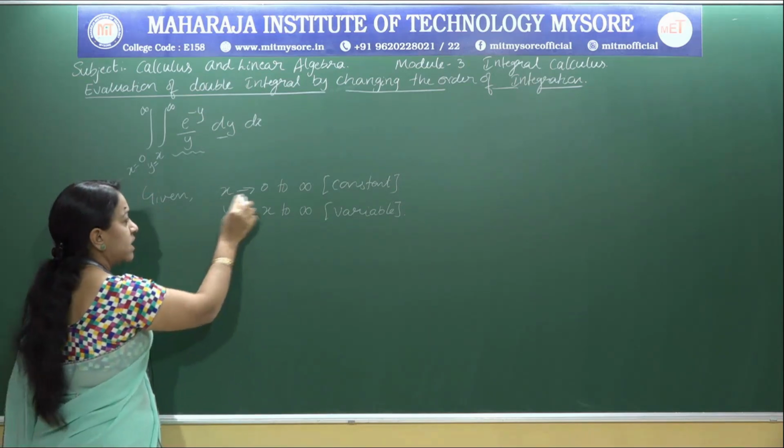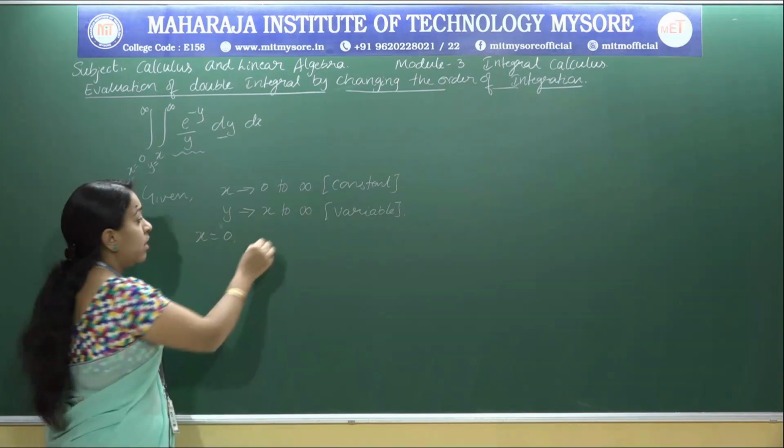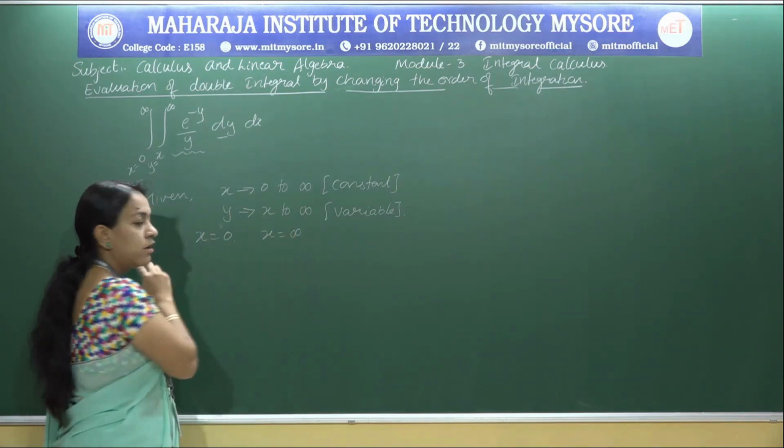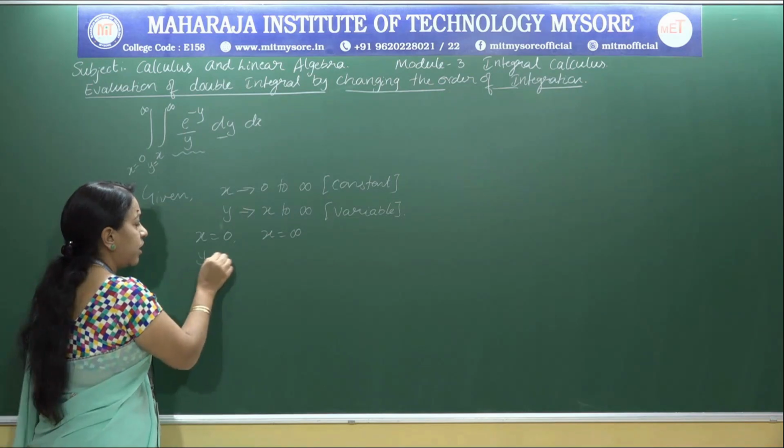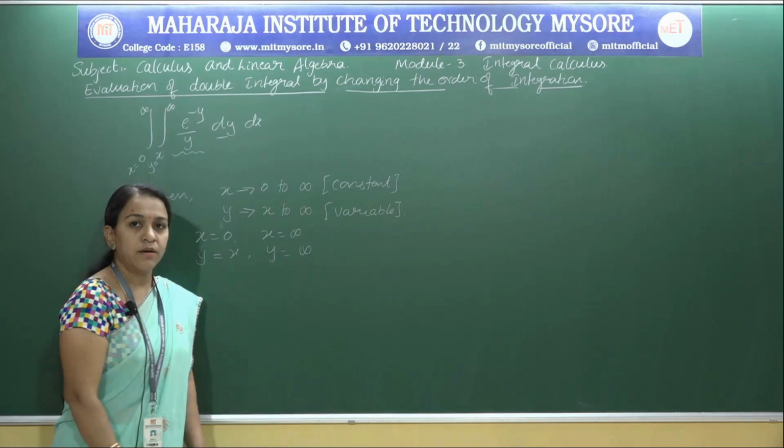So, we know that x equal to 0 is the given limit, and x equal to infinity is the other value, and y equal to x and y equal to infinity are the y values.